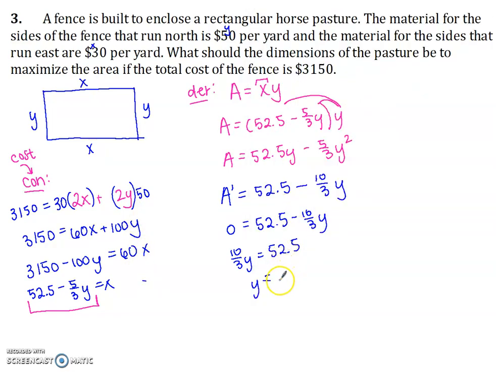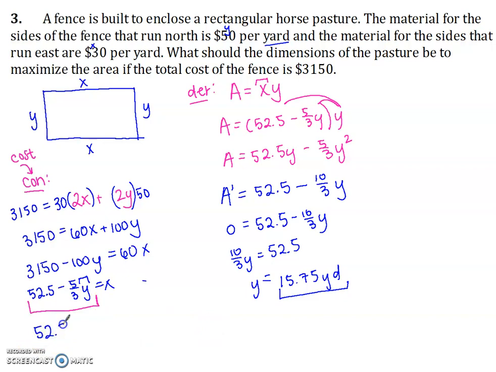So that's going to make y 15.75, and again, y represents this length. Our lengths on this one are in yards. Once I find y, I'm going to come back to the constant equation. So you go to the constant equation, plug it into the derivative, get the answer from the derivative equation, and then go back to the constant equation.